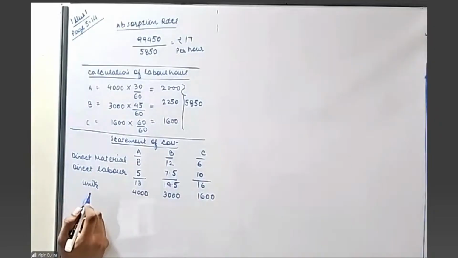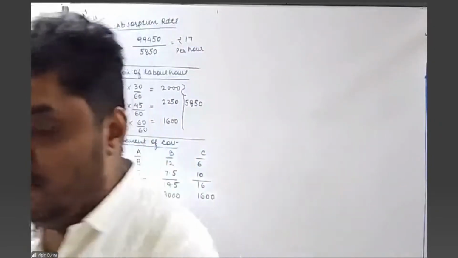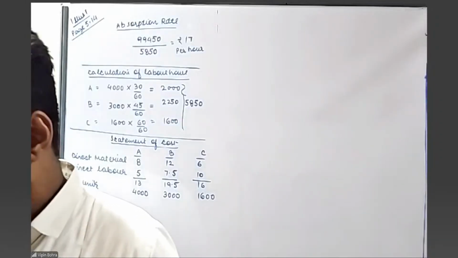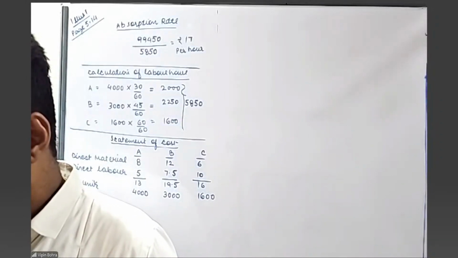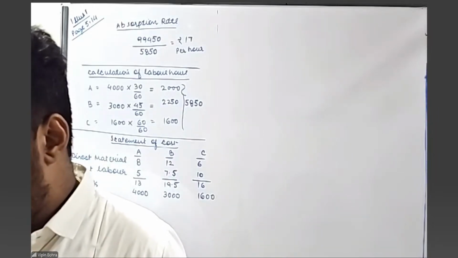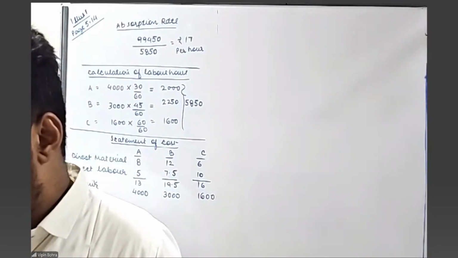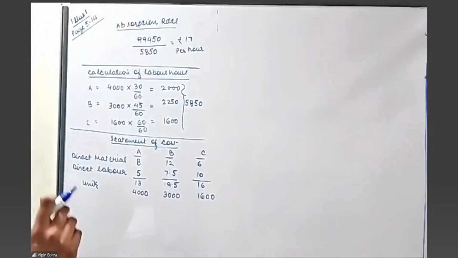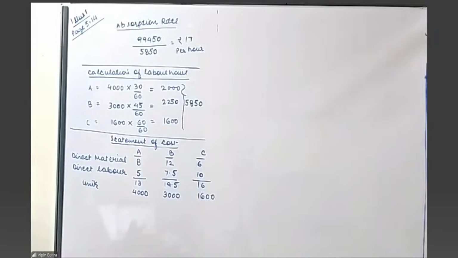So we will calculate the total prime cost also, that is 13 into 4,000, 52,000.